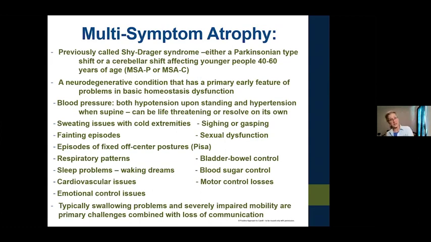You can have sweating issues where you're suddenly sweating like crazy and you have freezing extremities because your brain cuts off all circulation to your extremities because you're doing all this heat distribution and it's coming out of nowhere. You can have what are called syncopal episodes, fainting episodes that come out of nowhere.